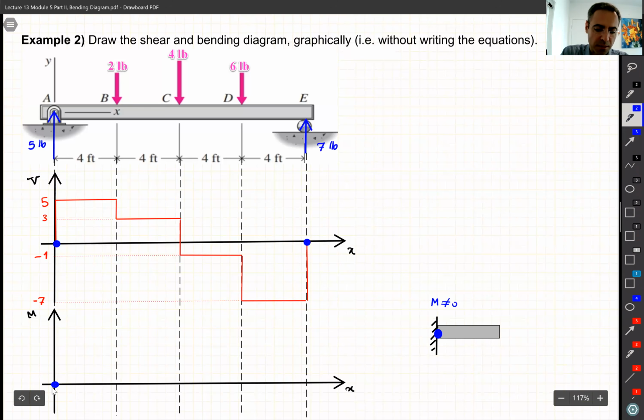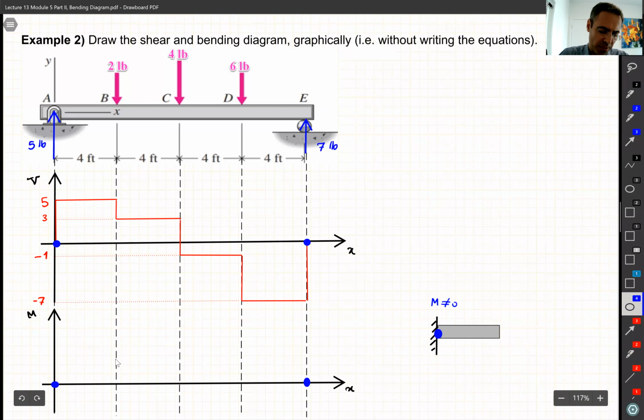But whenever you see a joint, like a pin here, like point A on this beam, or a roller like point E, they are 0. So no doubt. So beginning and end, good, we have some information. We know they are 0. Later, when you see something like that, a fixed end, M is not 0.